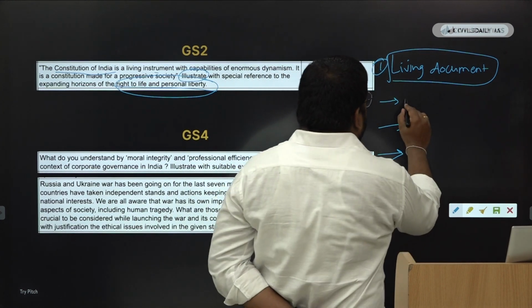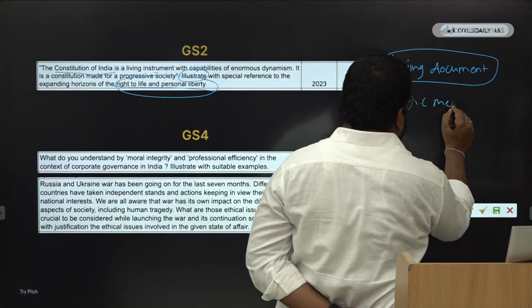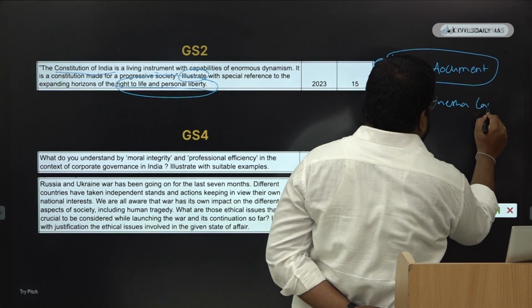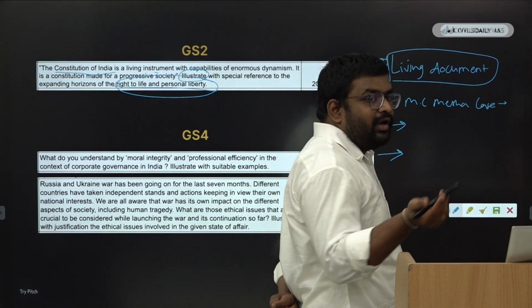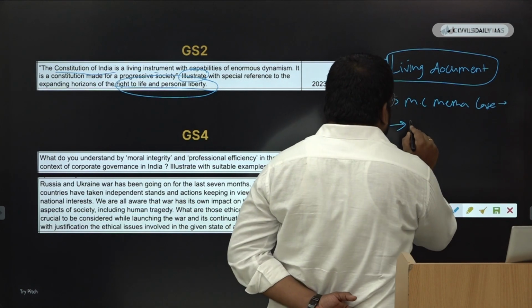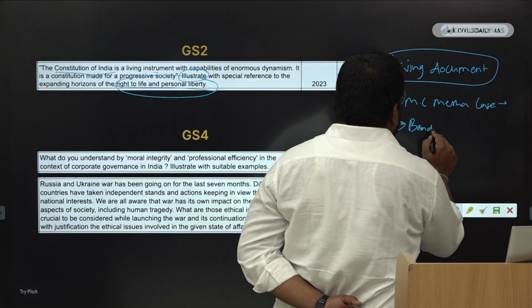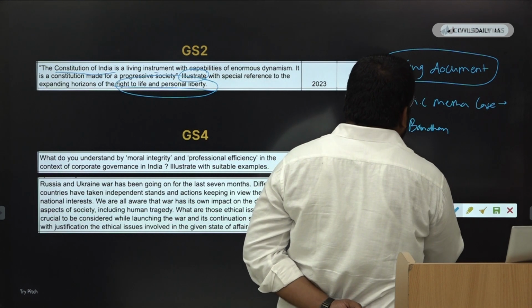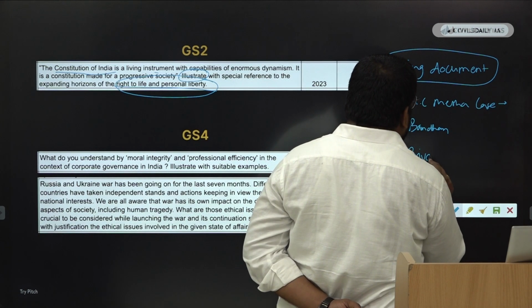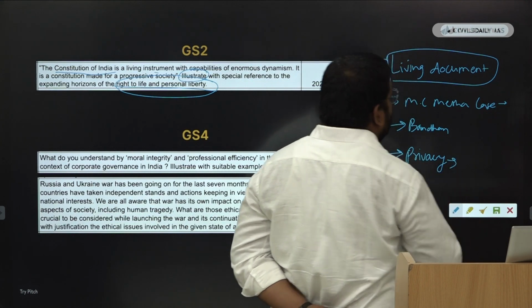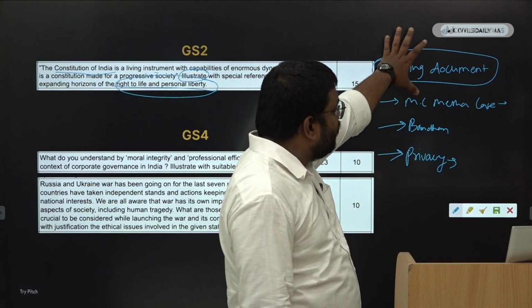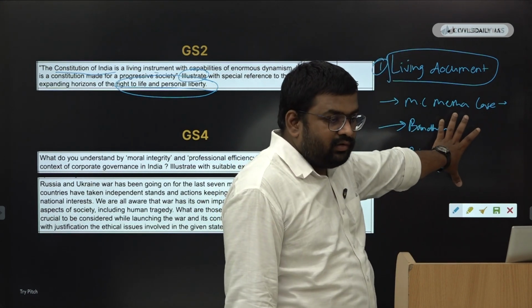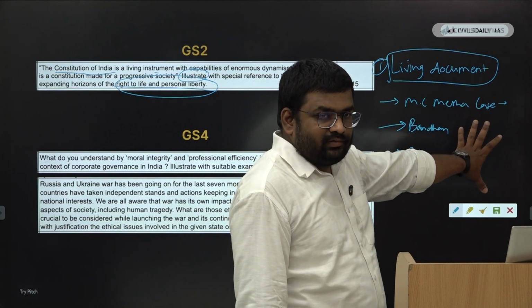You can give the MC Mehta case or right to a clean environment. You can also give the Bandhua Mukti Morcha case. You can give the right to privacy judgment, the Puttaswamy judgment. Privacy is also included. So the Constitution is a living document, and this is your illustration using these specific examples.